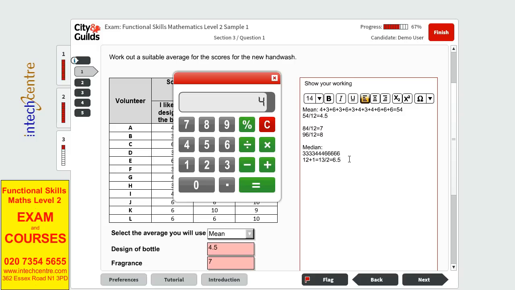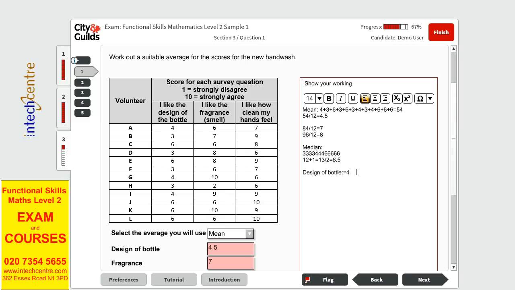We have design of bottle equals 4. 2, 4, 6, and 7 is there. 2, 4, 6, correct. Don't forget to always double check your work.